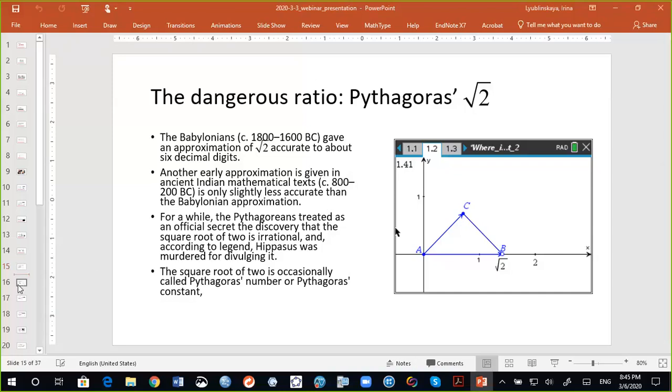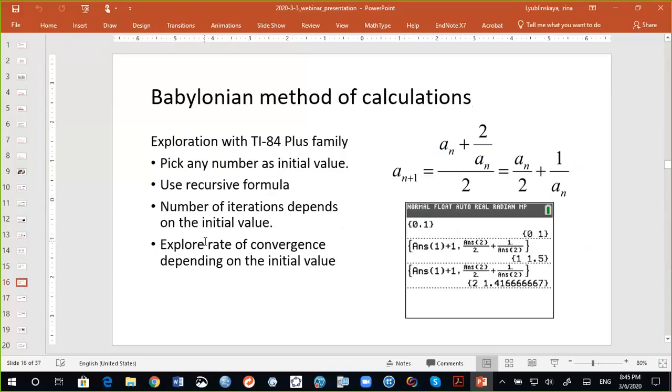In the first activity, we're going to explore the Babylonian method of calculation. So what exactly did they do? They came up with a recursive relationship to approximate the square root of 2 through a series of iterations. In front of you, you see that relationship.